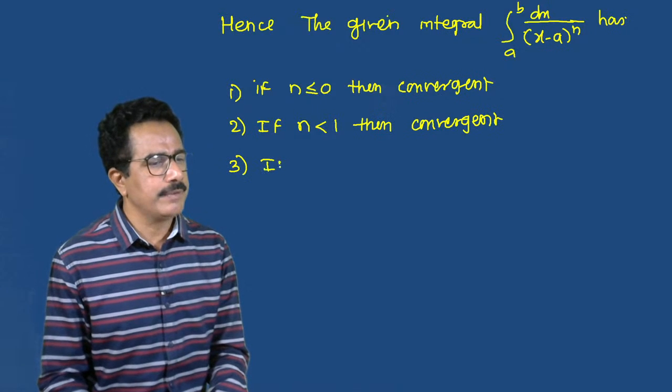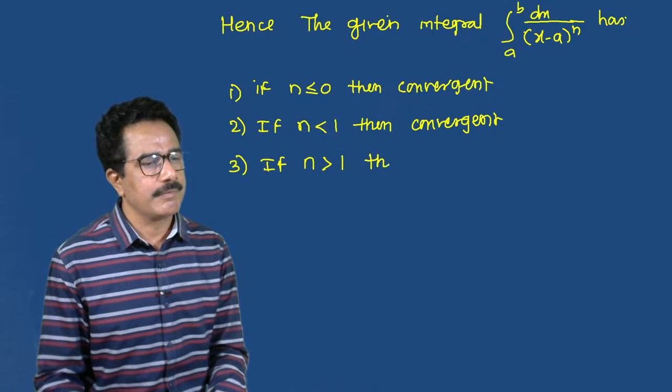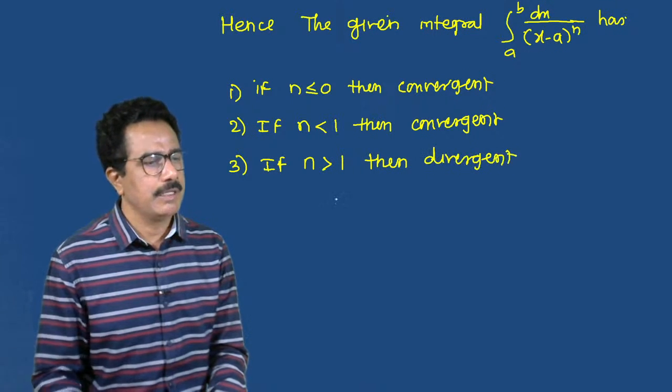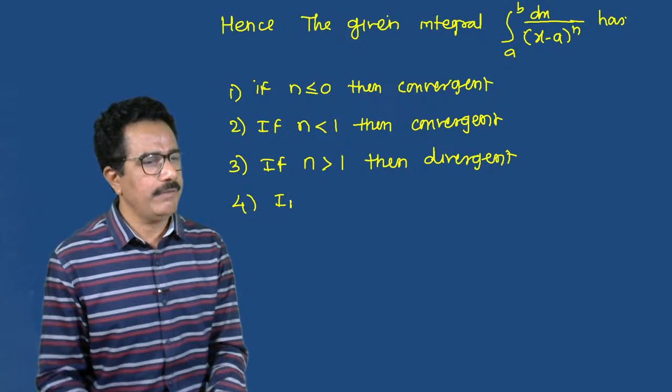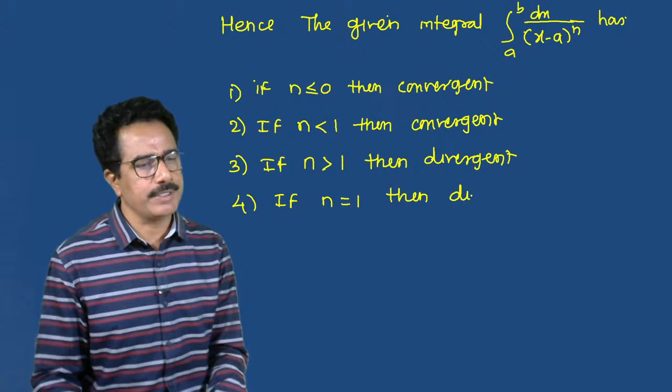Third, if n is greater than 1, then divergent. And fourth, if n is equal to 1, then divergent.